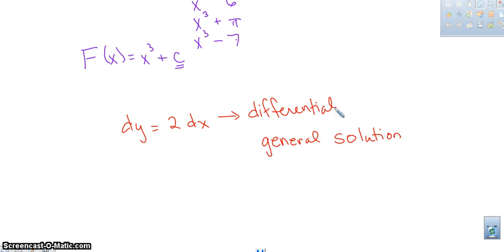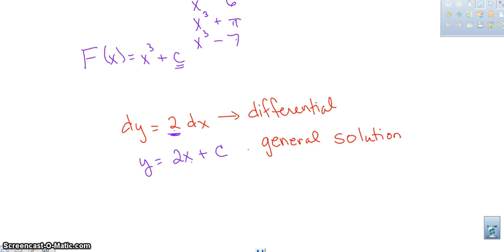To find the general solution, I have to find the antiderivative. Well, you guys have done a lot of derivatives. The antiderivative of the number 2 is 2x, plus some constant. It could be any constant, so I say c. So what I wrote here in blue, 2x plus c, is the general solution to this differential equation, because if you take the derivative of 2x, you get 2.